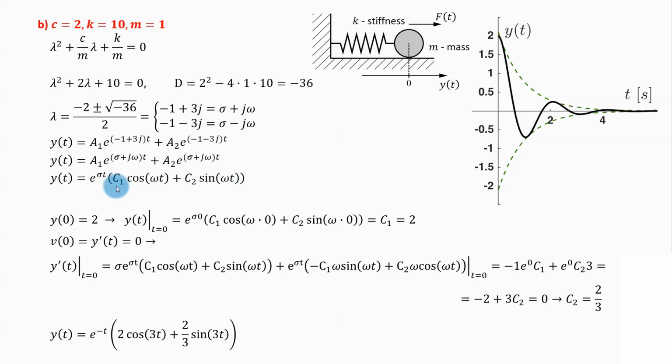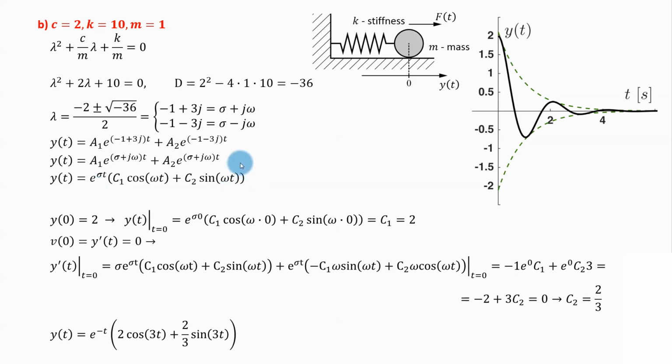Here, where I wrote C1 and C2, you would actually get some combination of these A1 and A2. But whatever comes here and here, I have just denoted as C1 and C2 and will work with these constants instead. So this is an alternative form in which you can write your general solution.